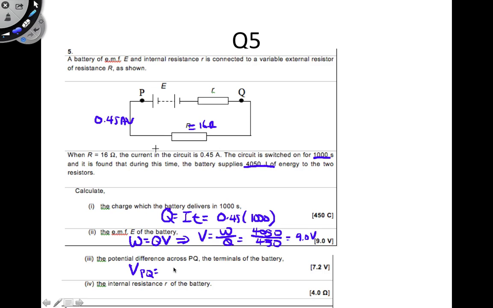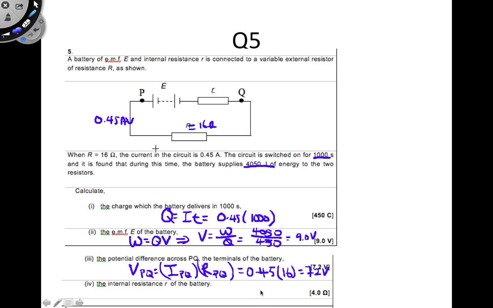VPQ is basically the current going through PQ and the resistance of PQ. So this will be 0.45 times 16 and I get 7.2 volts.